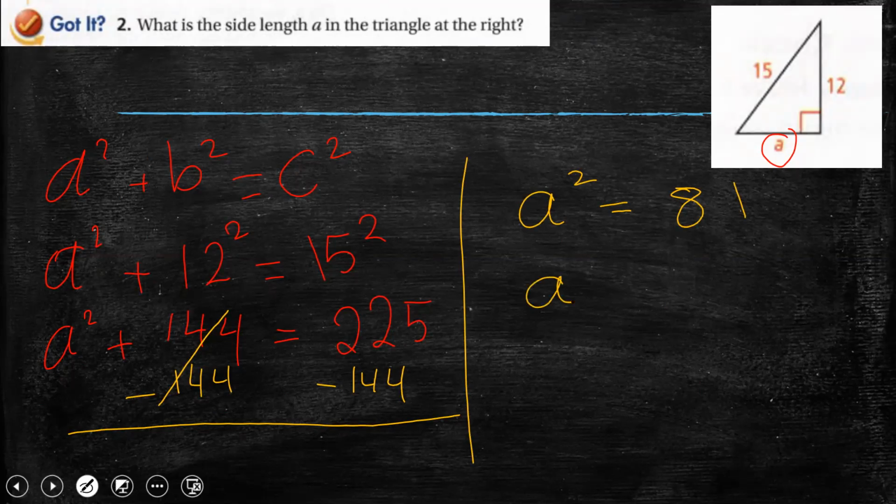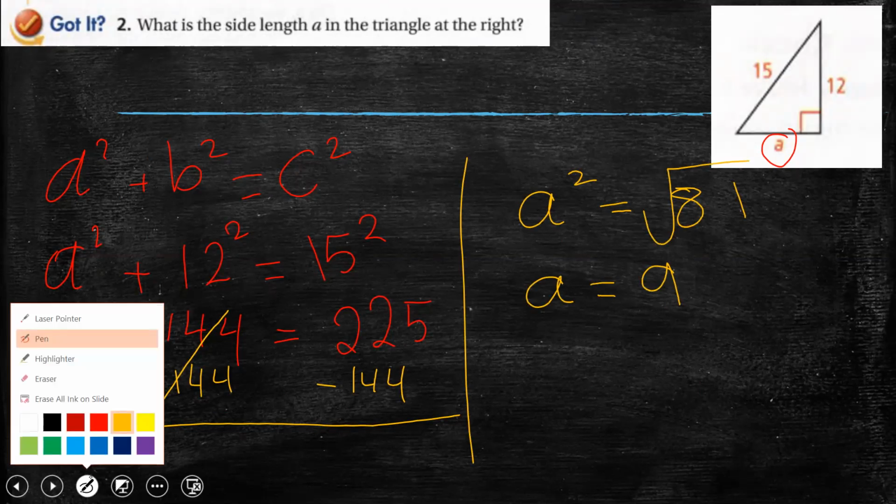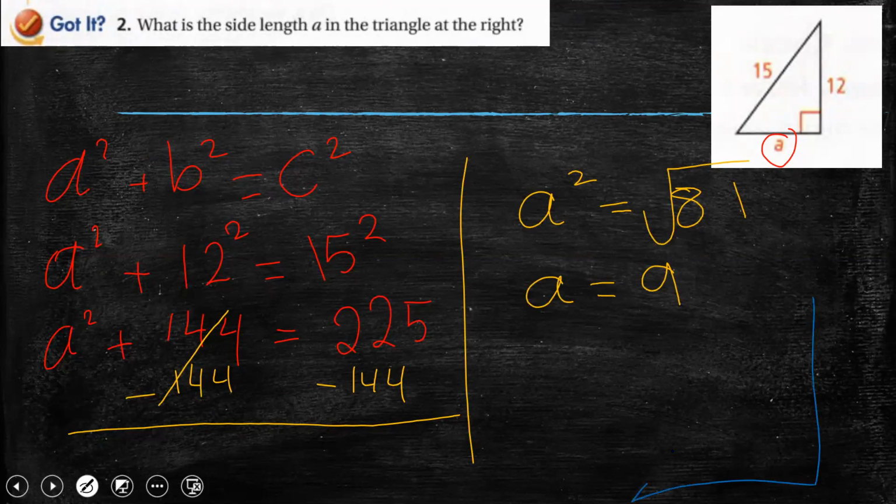So what will the length of A be? 9. So here, in this right triangle, if this is 9 and this is 12, this will be 15. So if you add 9 squared plus 12 squared, you will get 15 squared.